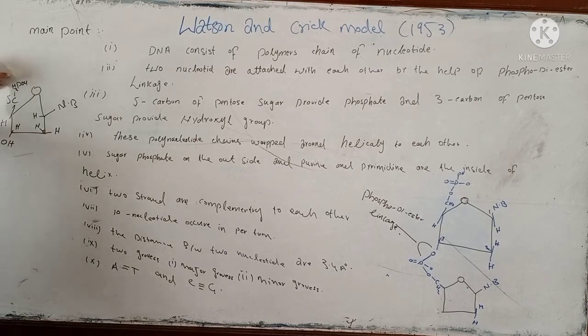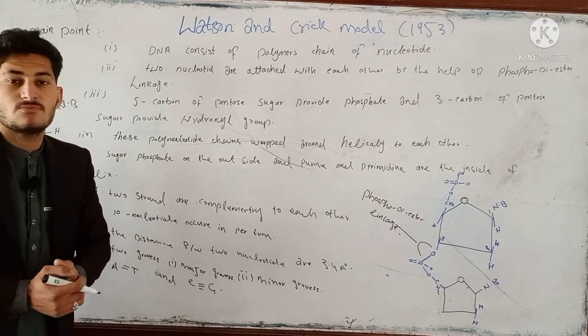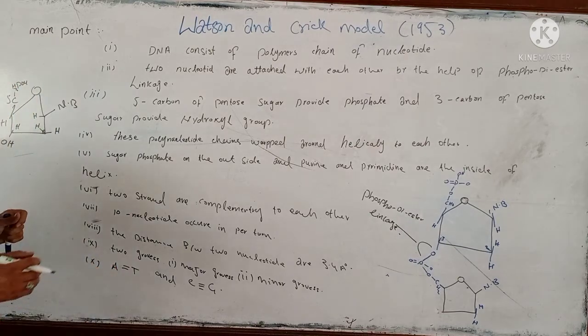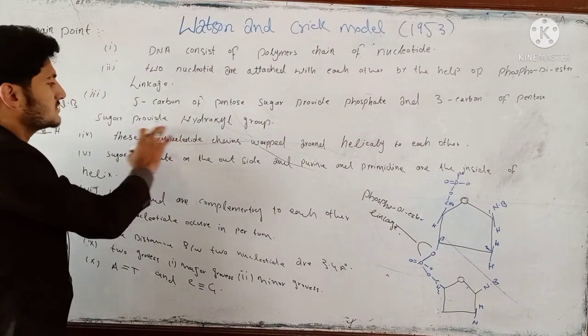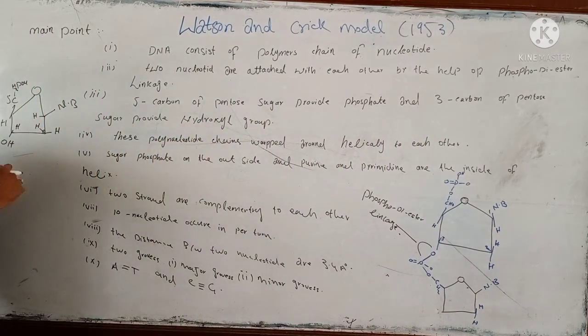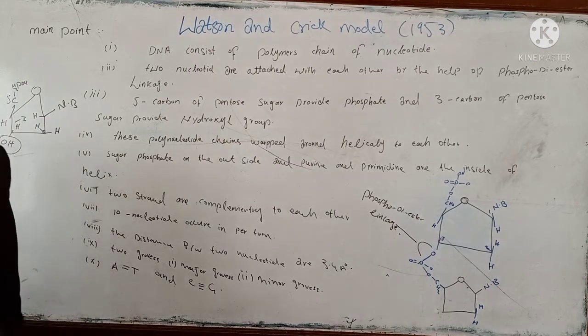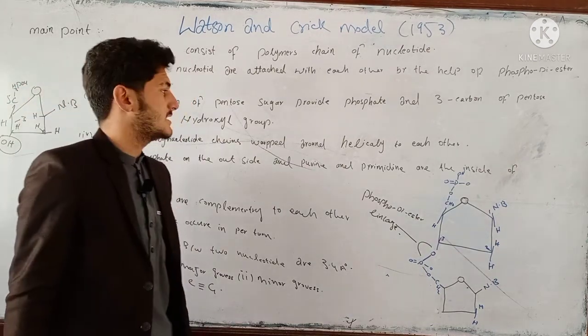The H3PO4 and this phosphate group are provided by the 5 carbon for the formation of the phosphodiester linkage. The 3 carbon of the pentose sugar provides the hydroxyl group for the formation of the phosphodiester bond. This is the third carbon, which provides the hydroxyl group.